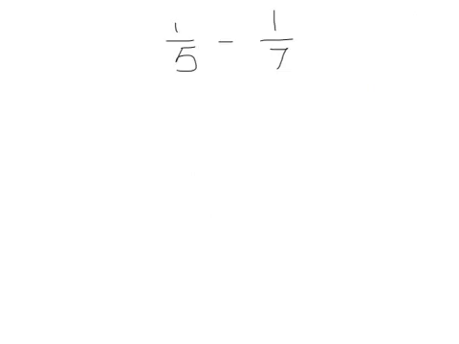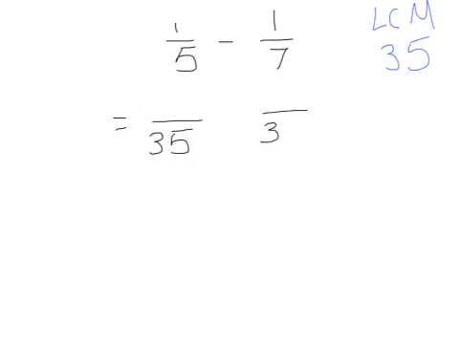And the same works for subtraction. The lowest common multiple of 5 and 7 is 35. So we want to rewrite both of these fractions so they are over 35. So how did I go from 5 to 35? I multiplied by 7.